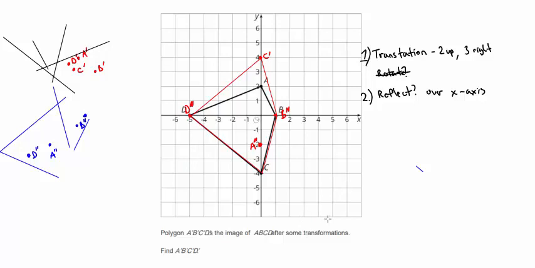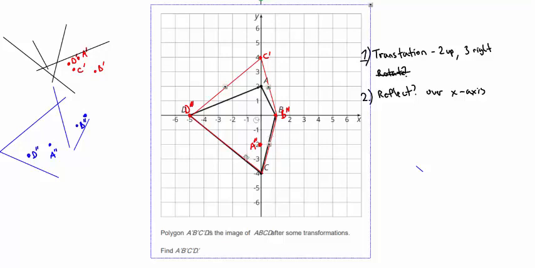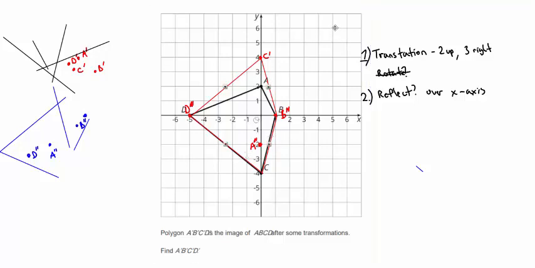Okay, now I'm going to translate that shape. I'm just going to select it and translate it all up. I'm going to translate this up 2 and 3 to the right. 1, 2, and then 1, 2, 3.